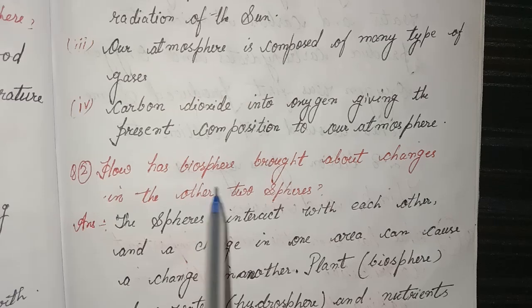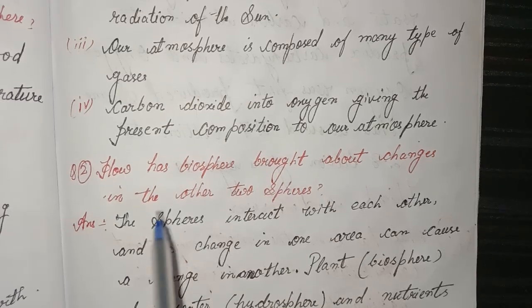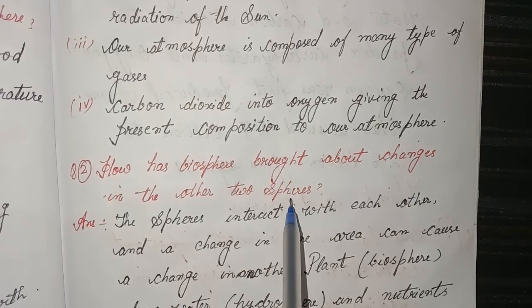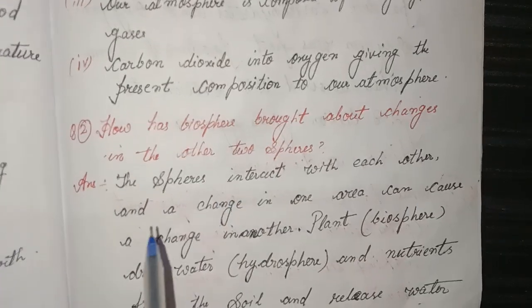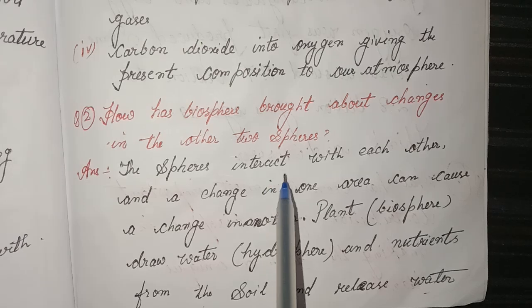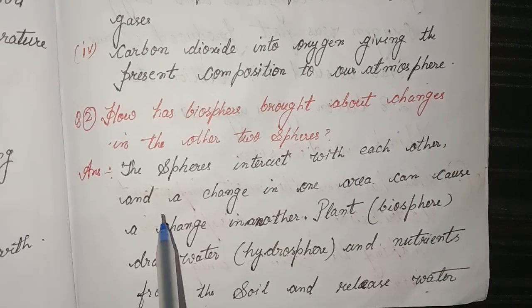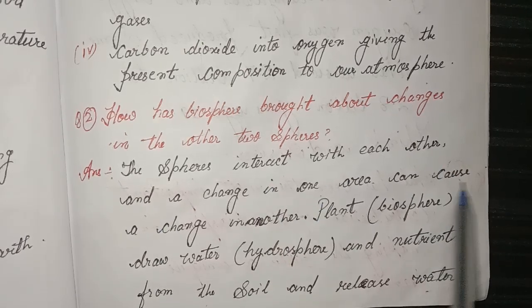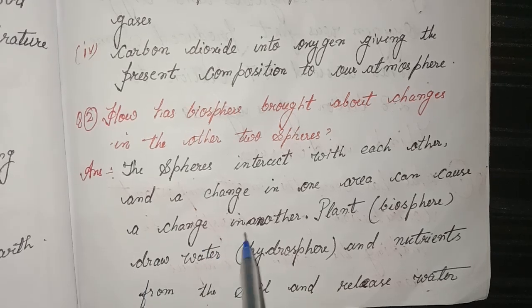Second, how has biosphere brought about changes in the other two spheres? Answer, the spheres interact with each other and a change in one area can cause a change in another.